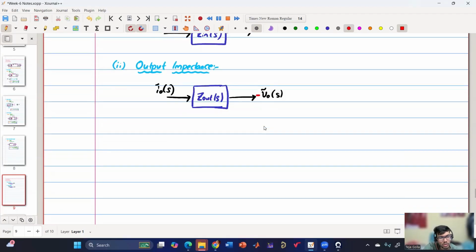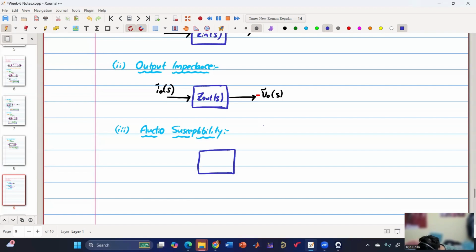Now let us go to audio susceptibility. So what is the input and what is the output?